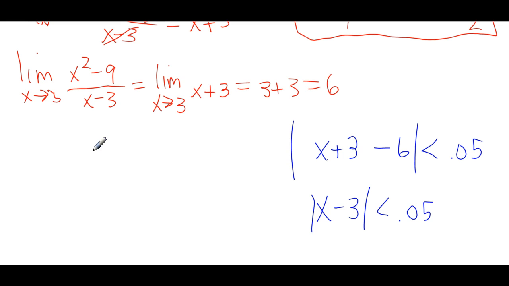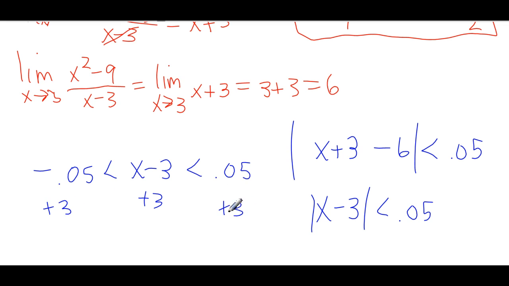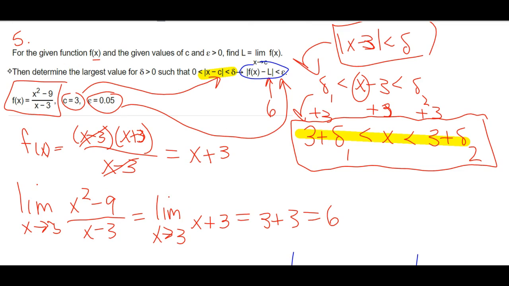Okay, and so once again, we have negative 0.05 is less than x minus 3 is less than positive 0.05. Let me add 3 to all 3 sides here. This inequality came from this guy.